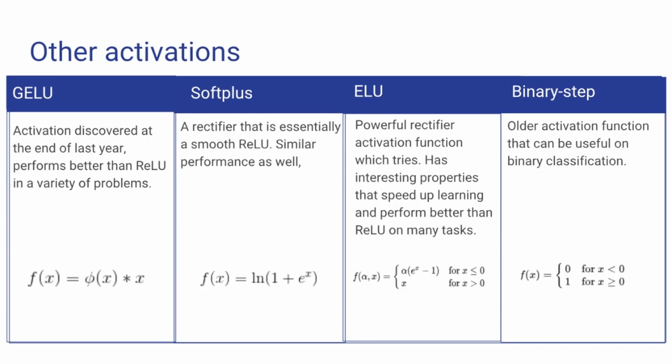Next, ELU, this is another powerful rectifier. It has very interesting properties. As you can see, it's a little bit different than a normal activation function. It more closely models a normal neuron, where we're essentially using different functions over x if the value is greater than or less than a particular value.